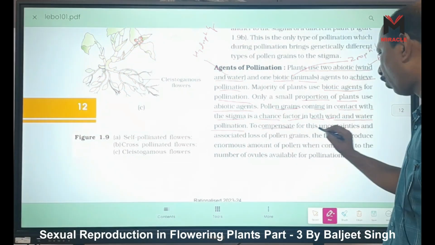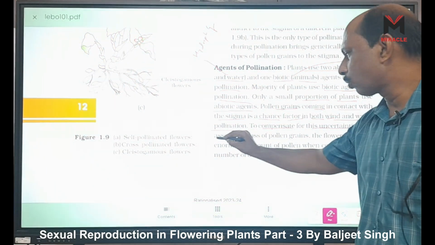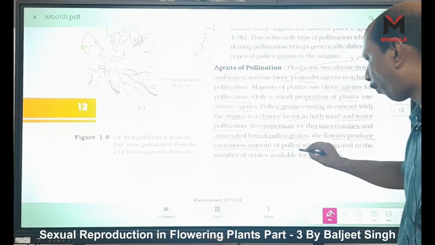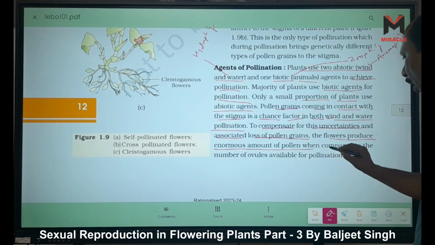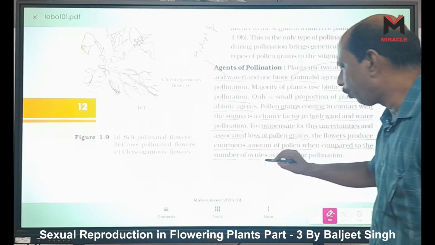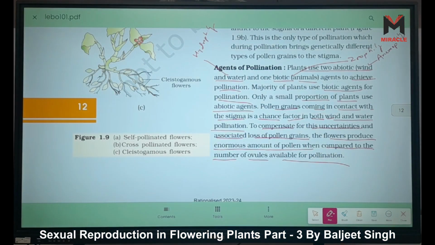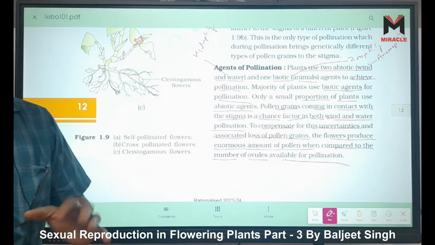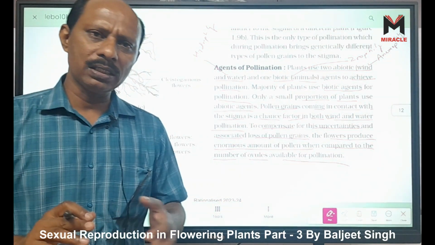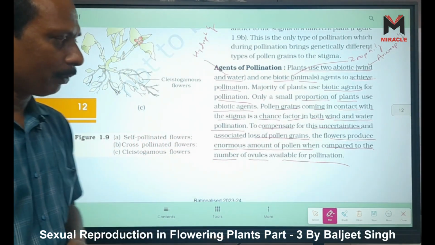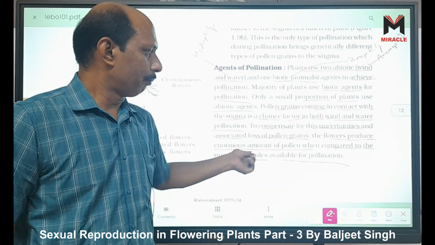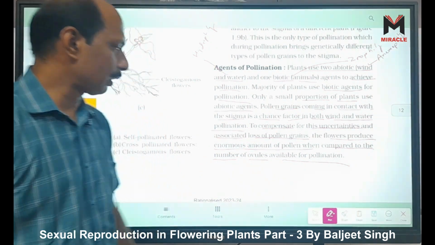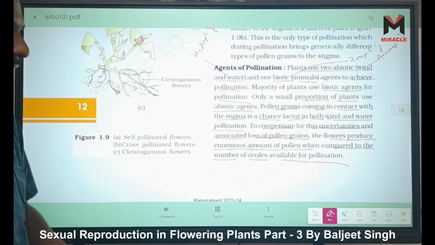To compensate for these uncertainties and the associated loss of pollen grains, the flower produces an enormous amount of pollen compared to the number of ovules available for pollination. Very few ovules are there, but an enormous number of pollen grains are formed because it is chance pollination. There is uncertainty and the loss of pollen grains is maximum here, right?